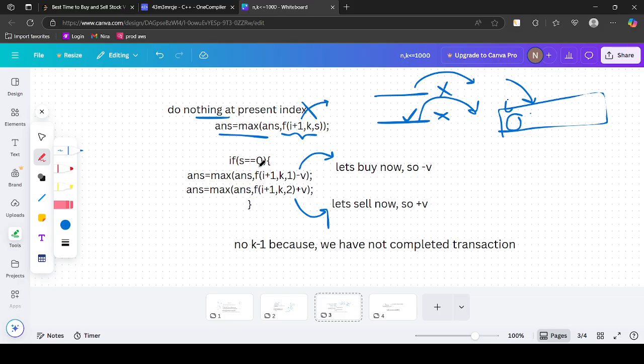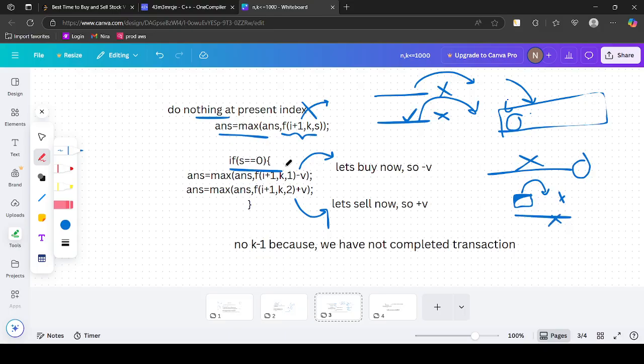And if s is equal to 0, it means that we did not buy or sell anything before the present index. We may have completed transactions, but after them there is nothing in hand.